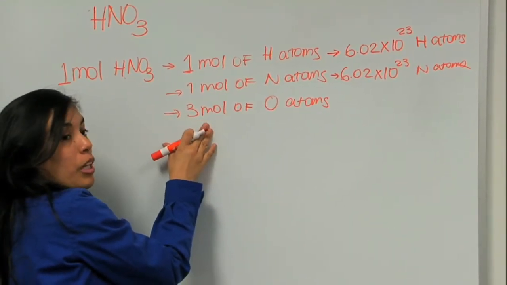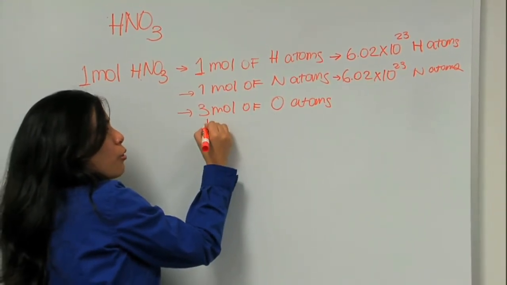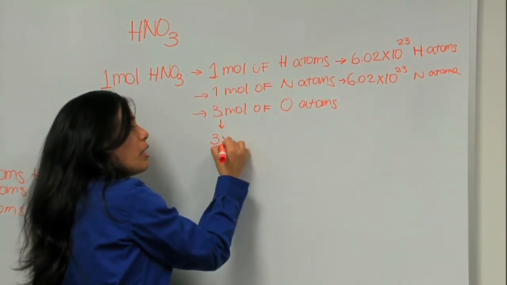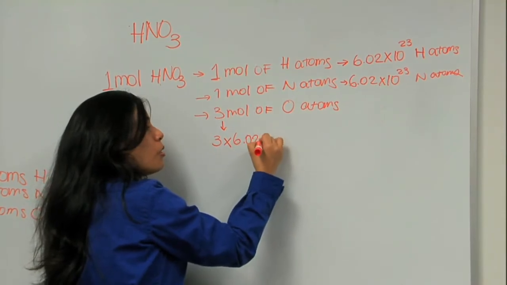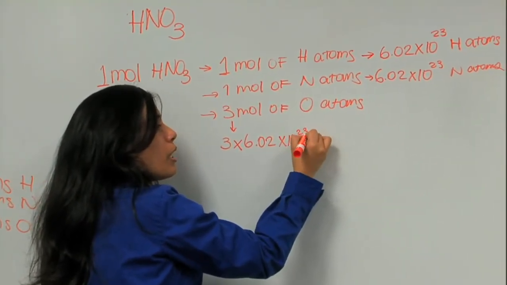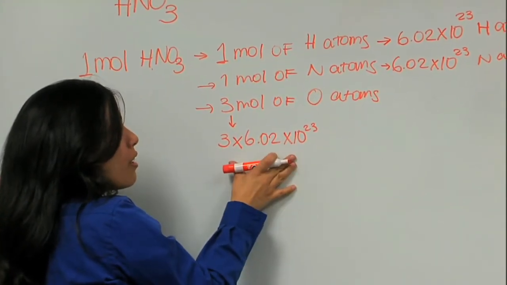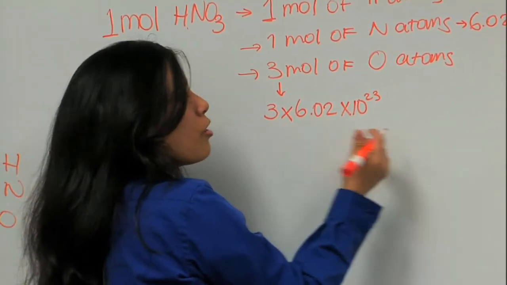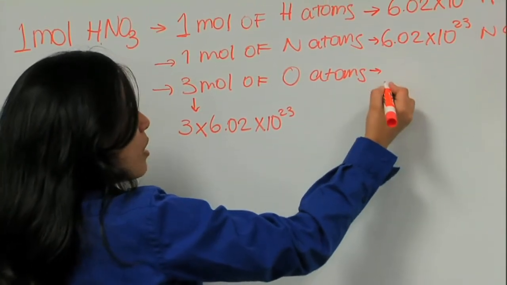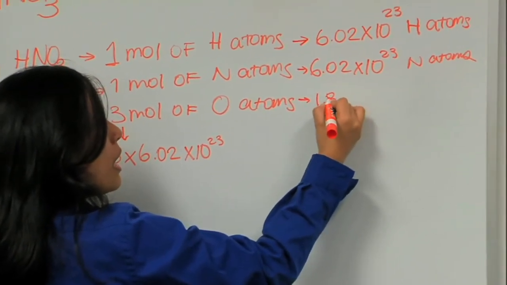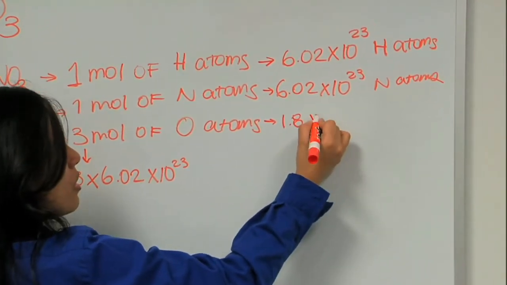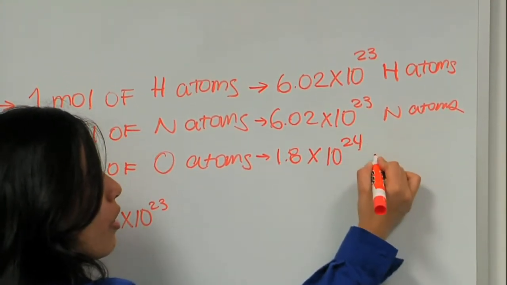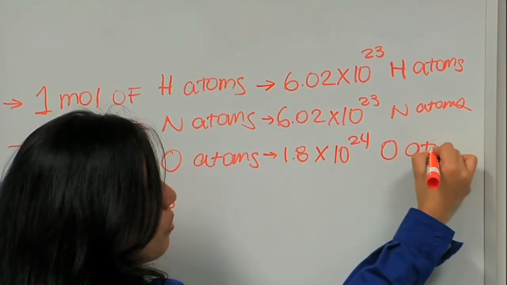Now we have 3. This is going to be a little bit more complicated because I need to multiply 3 times 6.02 times 10 to the 23. And if you do it in your calculator and you put it in scientific notation, it would be 1.8 times 10 to the 24th oxygen atoms.